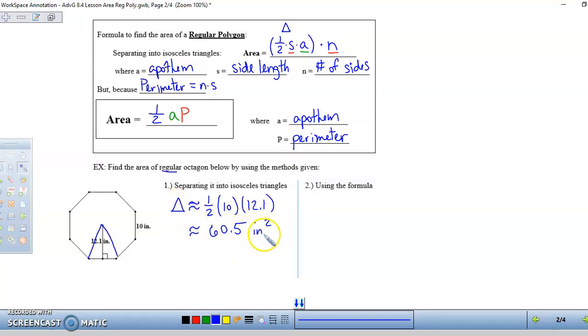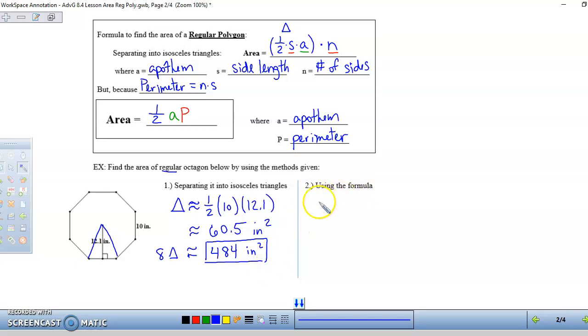So that is one triangle. Now, obviously, for an octagon, you're going to have 8 of those triangles. So I do 60.5 times 8, and you get 484 inches squared. So that would be my final answer.